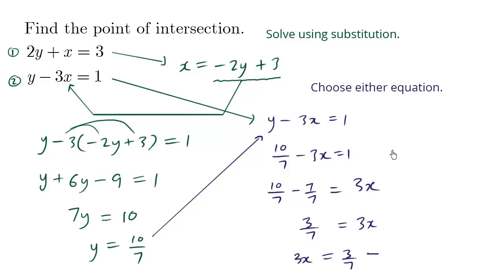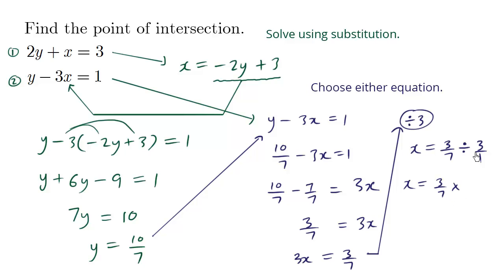Let's just continue up here. I'm going to divide both sides by 3. So we get x is equal to 3 over 7 divided by 3, which is the same thing as 3 over 1. So x is equal to 3 over 7 times, and we always flip it, the reciprocal is 1/3. So x, the 3's cancel out.